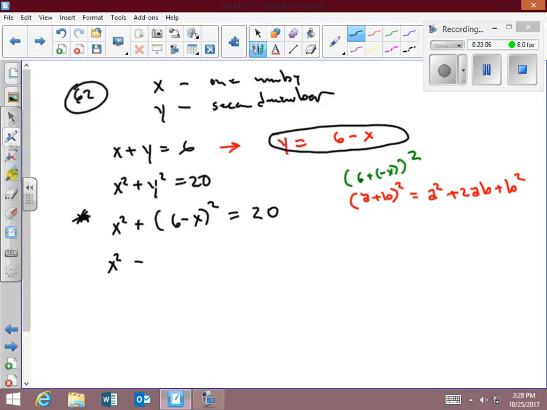Now then, plus the first term squared, what would I write? 6 squared plus 2 times the product of the first times the second plus the second term squared equals 20.